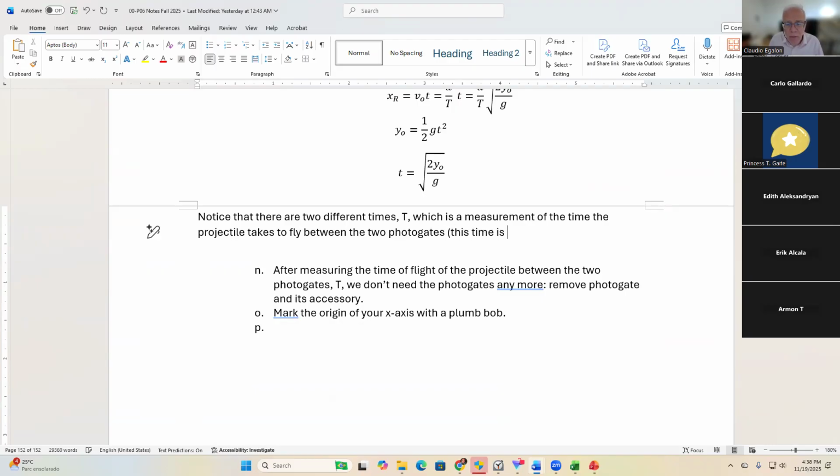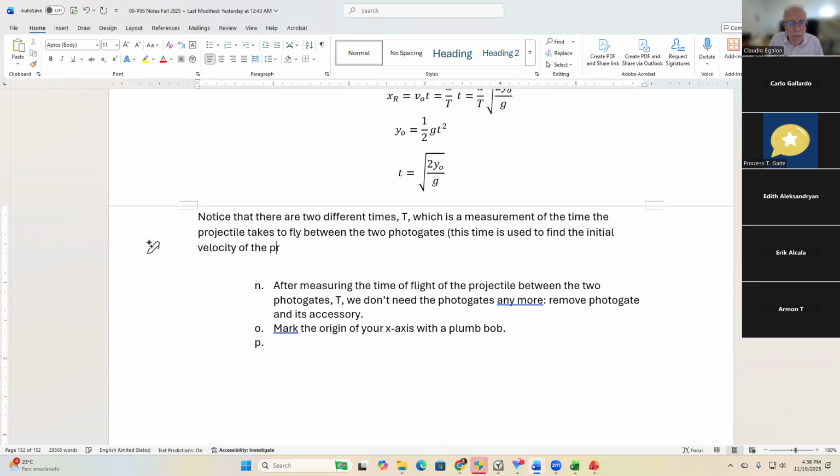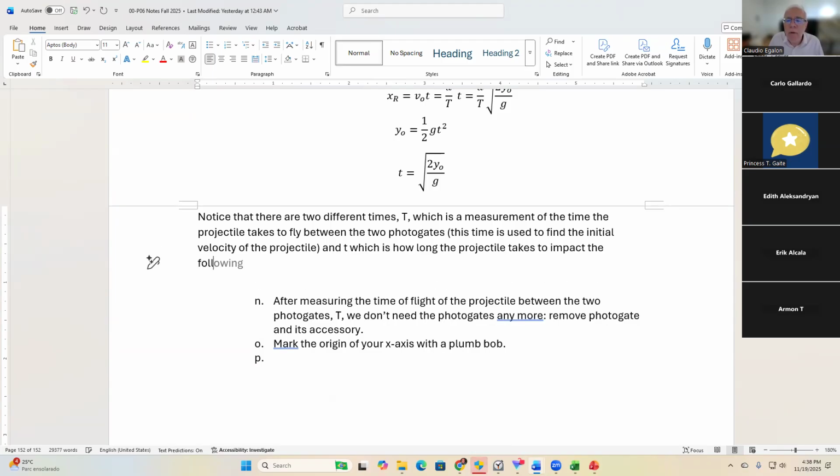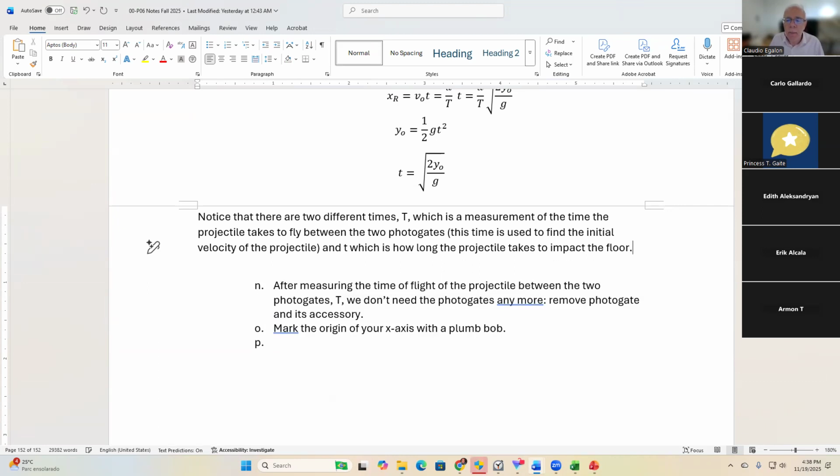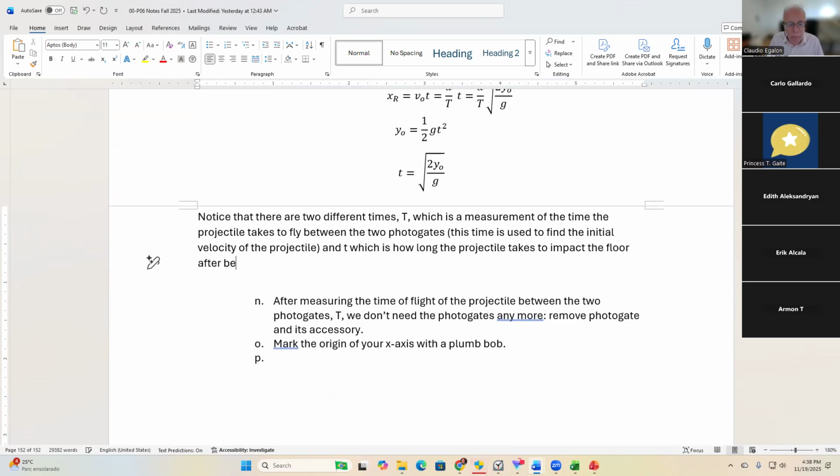This time is used to find the initial velocity of the projectile. And lowercase t is the flight time, which is how long the projectile takes to impact the floor after being launched.